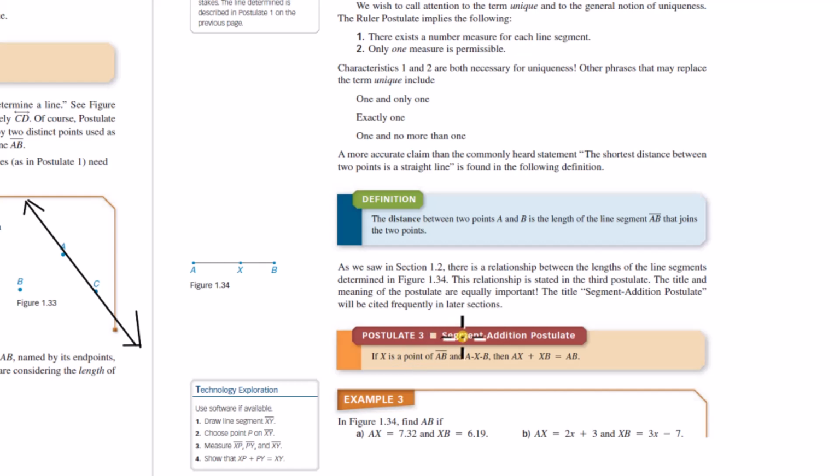Okay, so the segment addition postulate, let's read this again. If you have a point X that's on segment AB, and since A and B are the endpoints, you can state that as A-X-B. These 3 points are collinear. X is between A and B. Then the length of AX plus the length of XB is going to be equal to the length of AB.